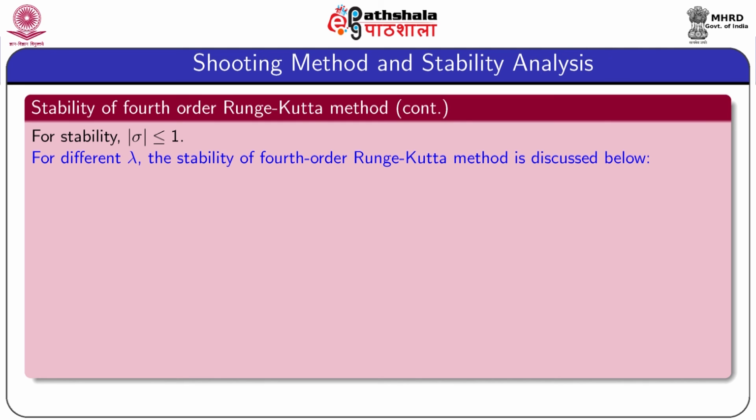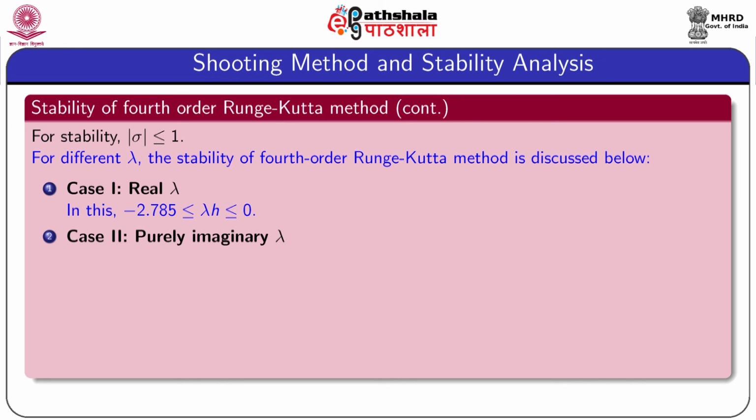For different values of lambda, the stability of the fourth order Runge-Kutta method is discussed below. For real lambda, the value of lambda h lies between minus 2.785 and 0, and in case of purely imaginary lambda, the absolute value of lambda h lies between 0 and 2 into root 2.